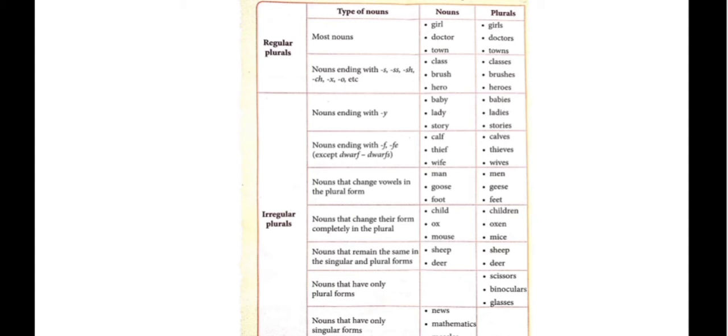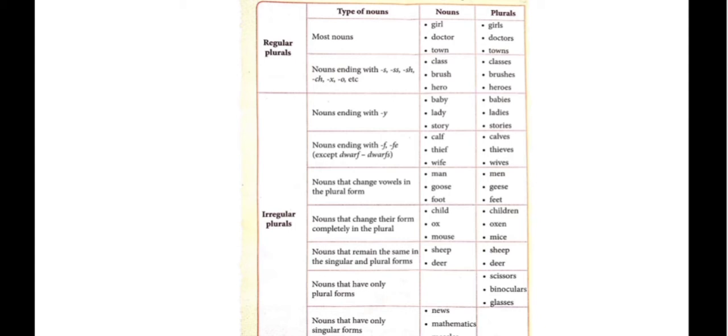If we add s or es, then it's regular plurals. Last week we learned to which words we add s and to which words we add es. Do you remember? Those are regular plurals.